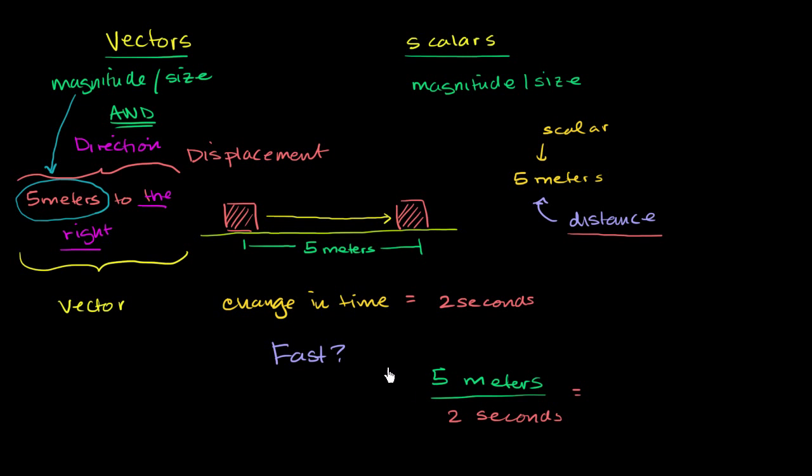Or we could write this as 5 halves of a meter per second. 5 divided by 2 is 2.5 meters per second. That right there is just the 5 divided by the 2.